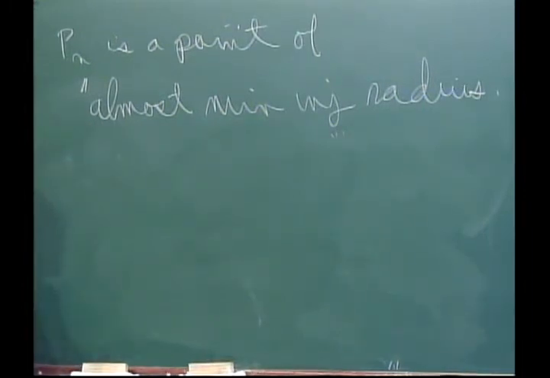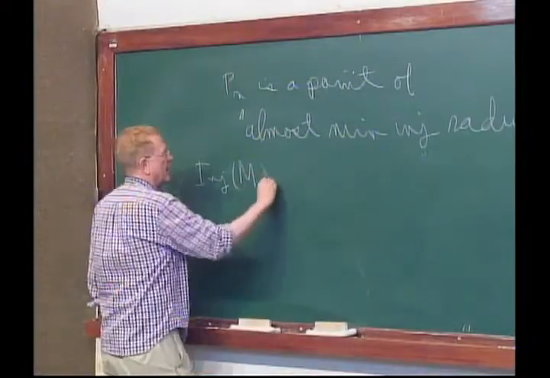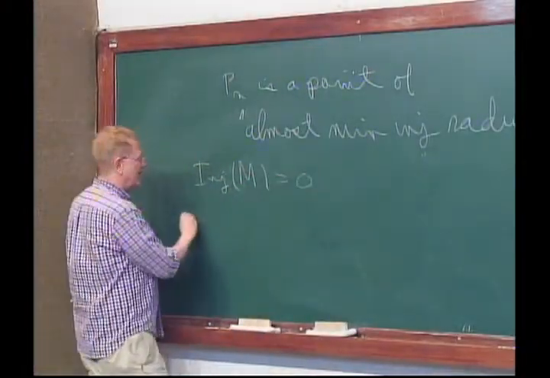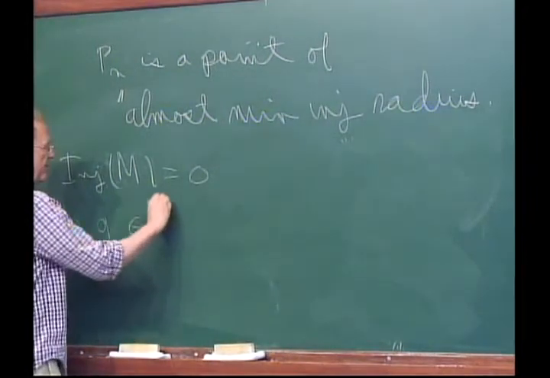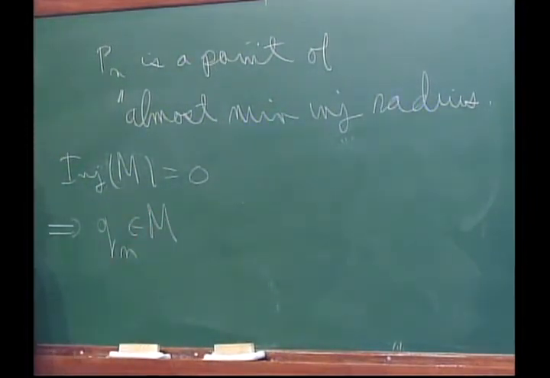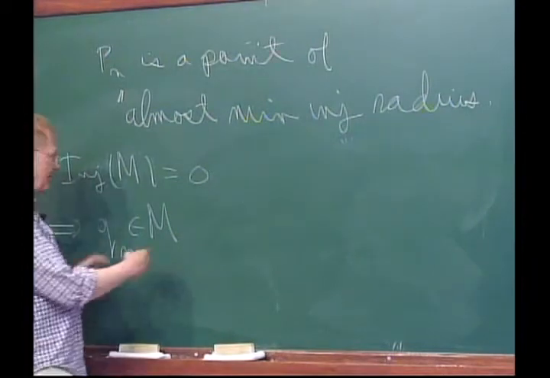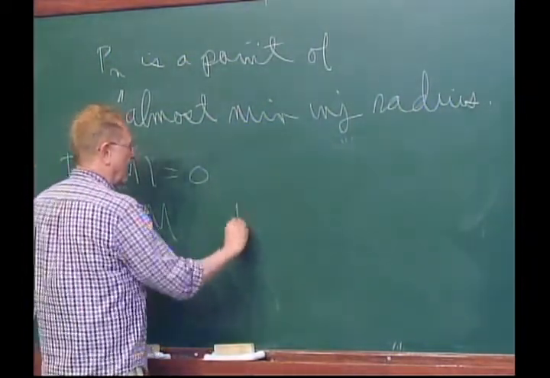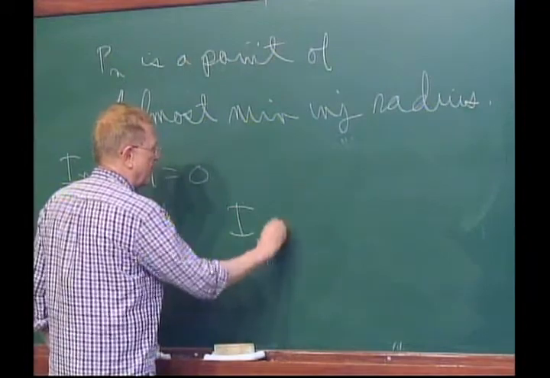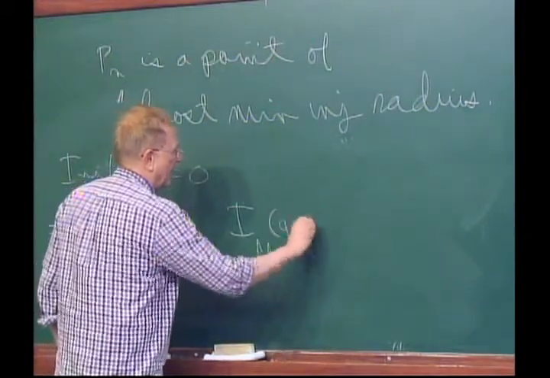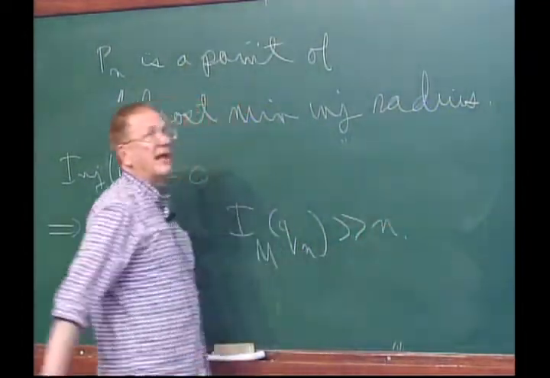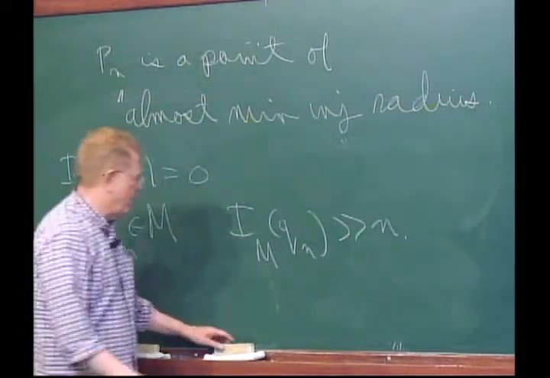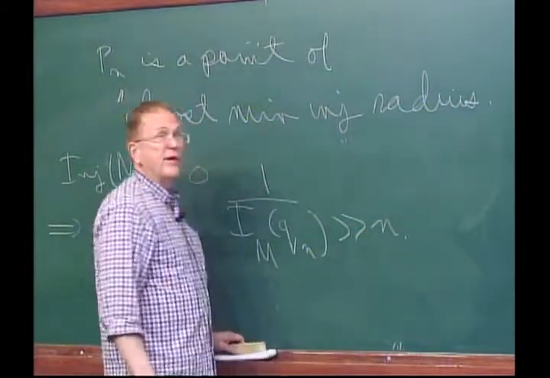So since the injectivity radius of M is 0, what does that mean? That just means there are points qn on M, and of course they're going to go to infinity in the surface, such that 1 over the injectivity radius function of M at qn is much bigger than n.